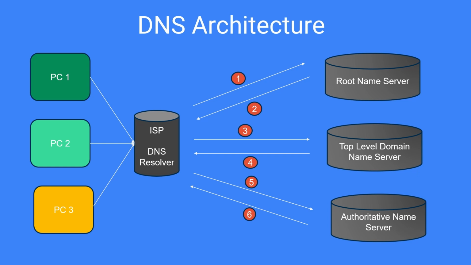So now the root name server is going to respond back to the ISP DNS resolver. The ISP DNS resolver now knows from the response where it needs to search next for that .com top level domain. Now it is going to reach out to the top level domain name server, which has that .com information.